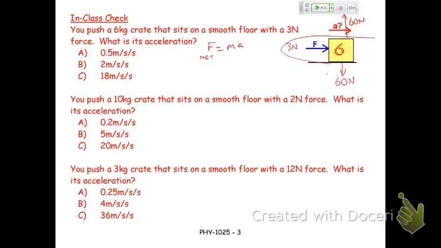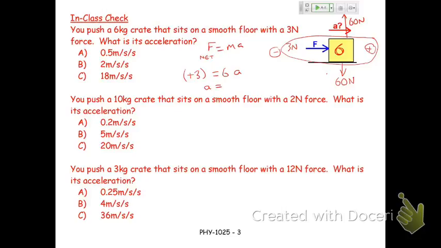And so I'm looking horizontally, and I say F equals MA. Let's call this end positive and this end negative. So I go plus 3, because it's pointing towards that end, is equal to my mass, which is 6, times my acceleration, which I don't know.